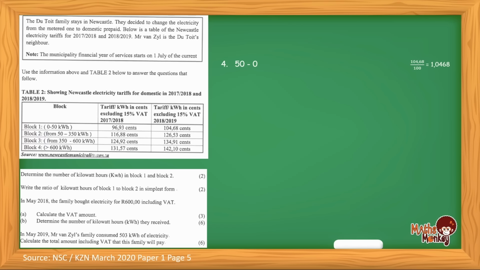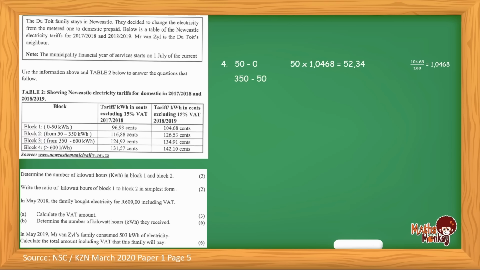And the price there now is 1.0468 Rand, because I take that value divided by 100 to give me the Rand value. Then 50 multiplied by the cost per unit in Rand gives me 52 Rand and 34 cents. So the first 50 electricity units cost 52 Rand and 34.